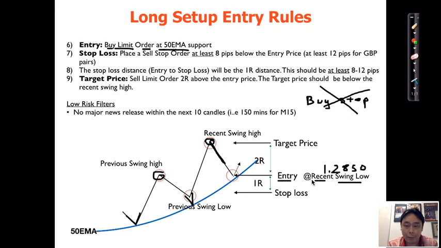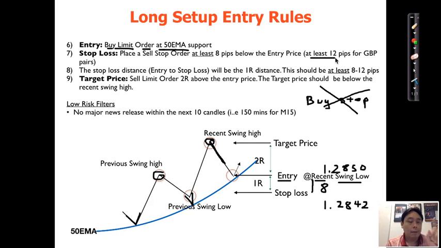So if I put it 8 pips below, that would be a stop loss of 1.2842, right? So bear in mind, at least 8 pips for most pairs, but for pound-related pairs, like pound USD or pound yen, we use at least 12 pips because those pairs tend to be a bit more volatile.